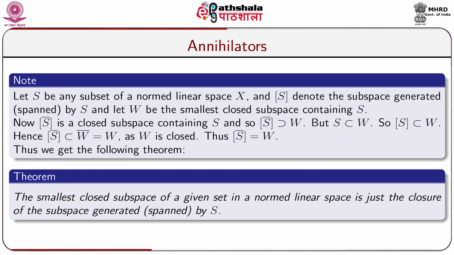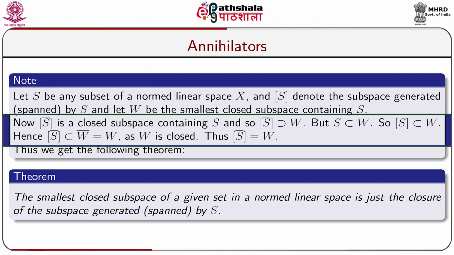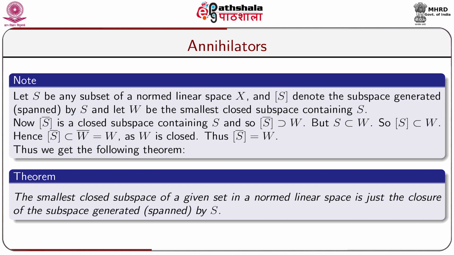Now, let us take a note. Let S be any subset of a normed linear space X, and let [S] denote the subspace generated by S, and let W be the smallest closed subspace containing S. Now, the closure of [S] is a closed subspace containing S, and so it includes W. But S is a subset of W, so [S] is a subset of W. Hence, the closure of [S] is a subset of the closure of W, which is equal to W as W is closed.